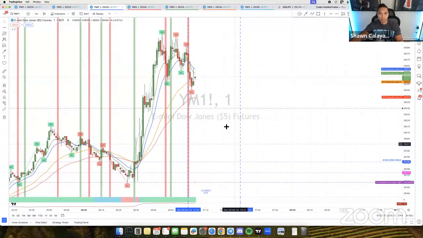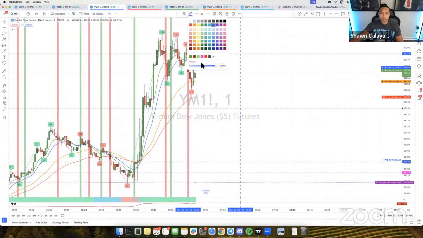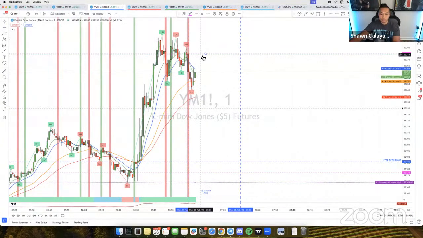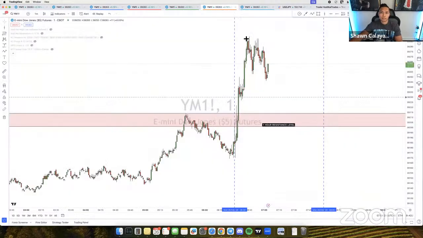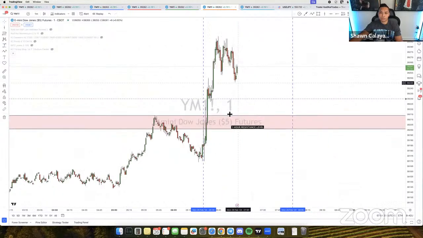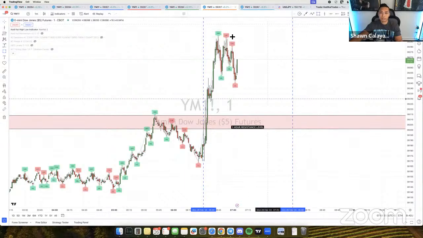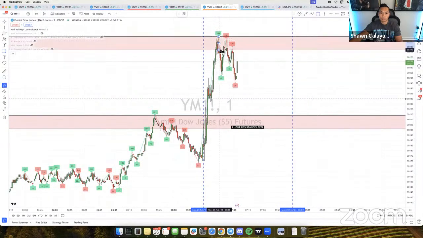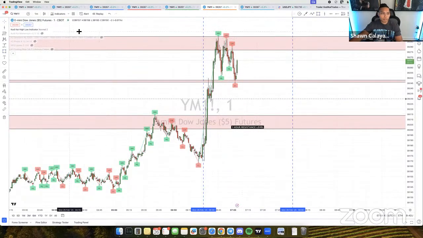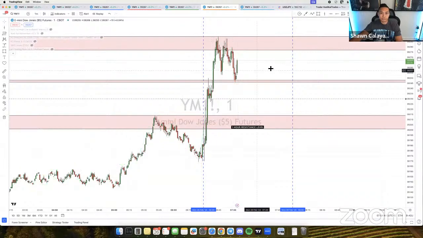So again, the mark-up news price right here on our main chart. Take this off. Go over here to our clean chart structure up here. I mean, price is pretty much in a range, it looks like at the moment.